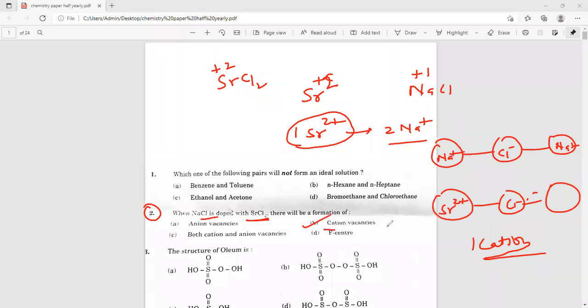Then a cation vacancy is created, so B is the right answer.